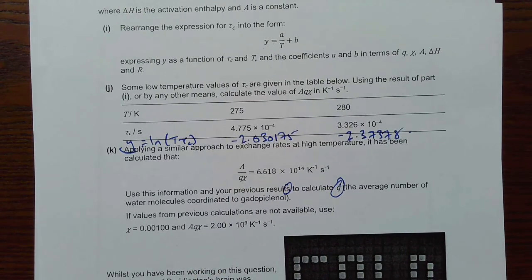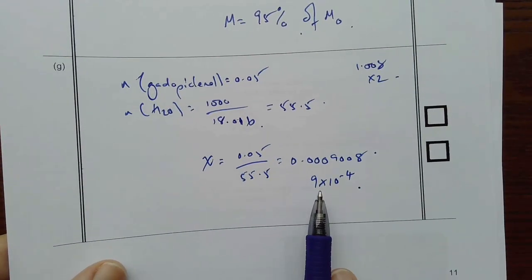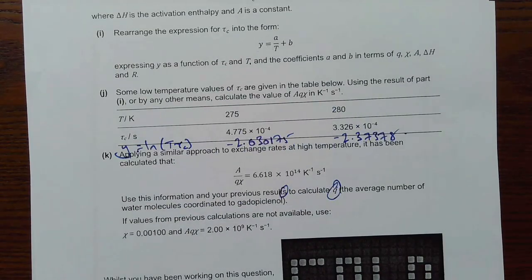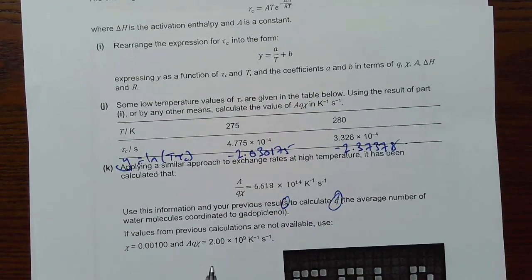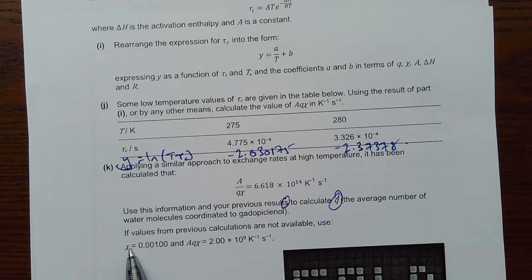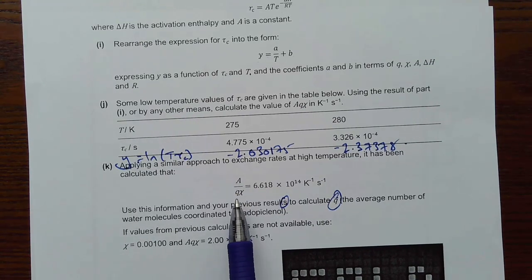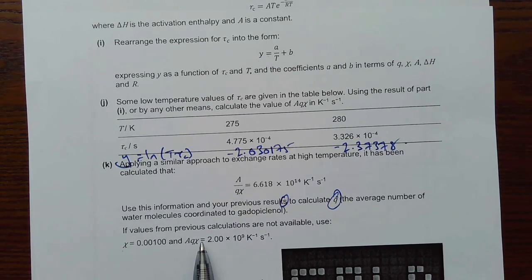Well, no. I have a value for one of them, and that is, I know that chi is 9 times 10 to the minus 4. And A, Q, chi is what I've just worked out. So, essentially, you can see because here you're given a value for chi and a value for A, Q, chi. So, I've got to use A over Q chi, and A Q chi to work out Q.